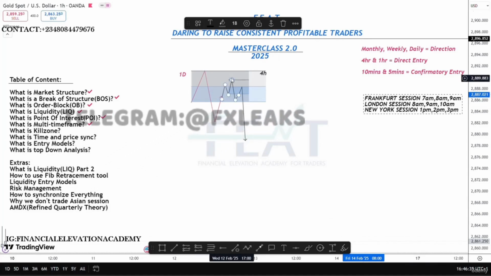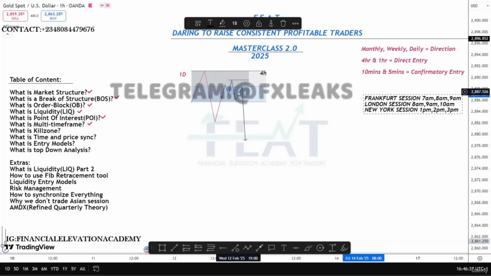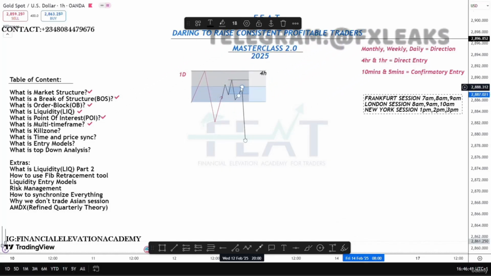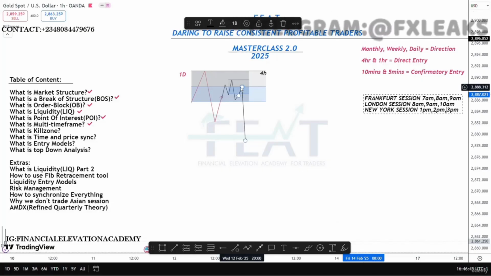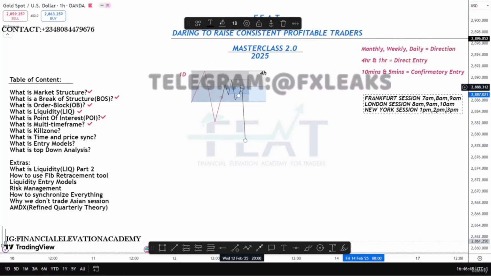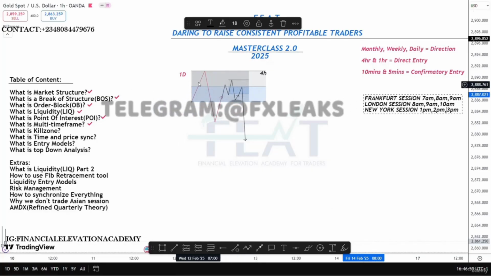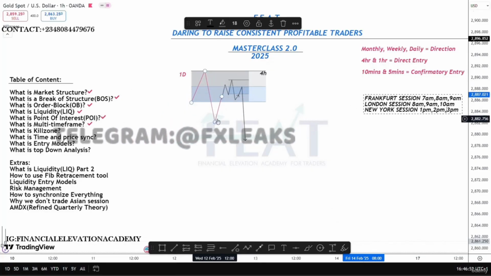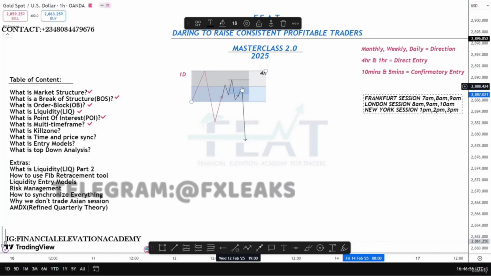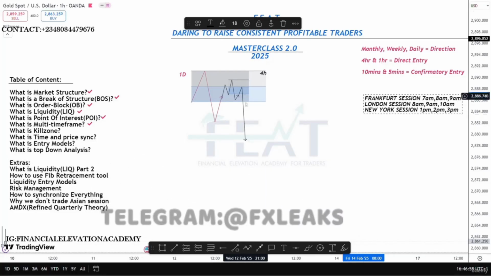Now you see a break of structure and price approaches this zone by 8 a.m. Now 8 a.m. is the London Killzone, that's the Frankfurt session open in the morning, and the higher time frame, which is the daily, has given you a sell break of structure. This is a very high probability setup that when price gets here, it's going towards a drop.